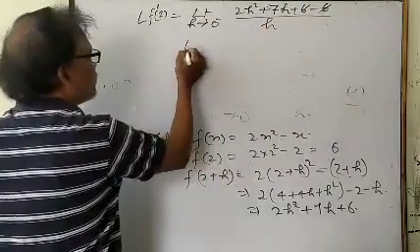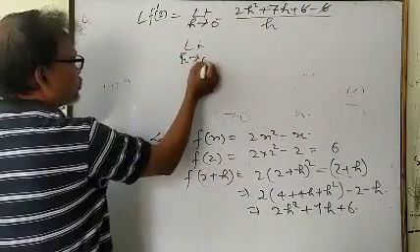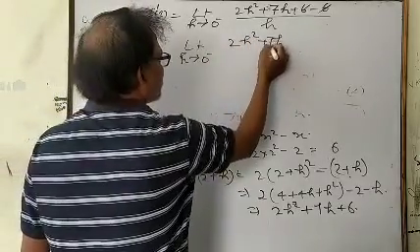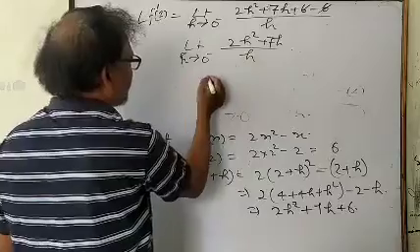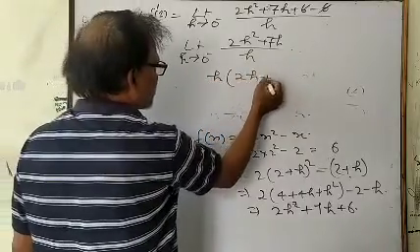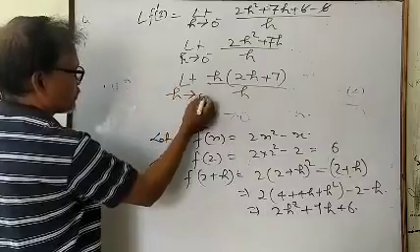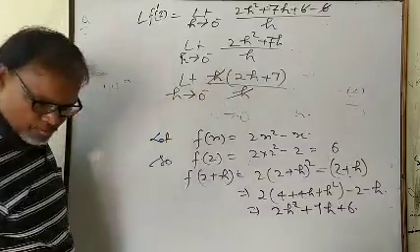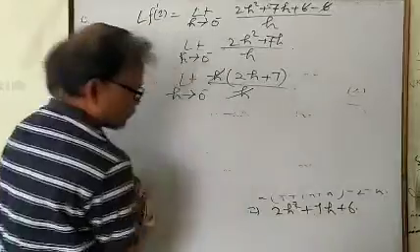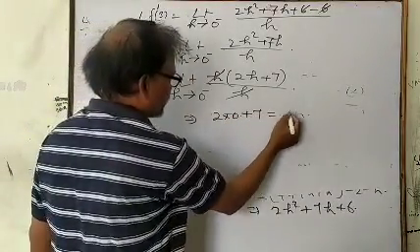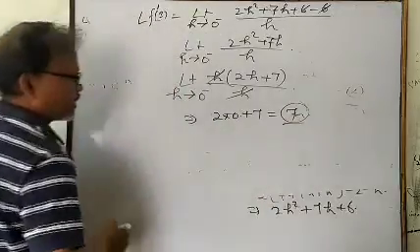This 6 is cancelled. Limit h tending to 0 minus (2h square plus 7h) upon h. Take h common, h(2h plus 7) upon h. h cancels. Then put h is equal to 0. So it will be 2 into 0 plus 7, that is 7. This is the left hand derivative.